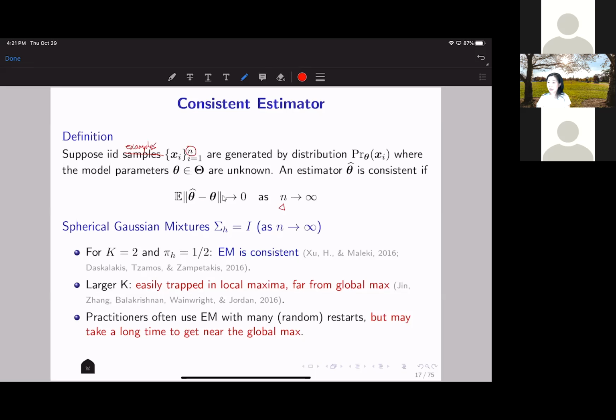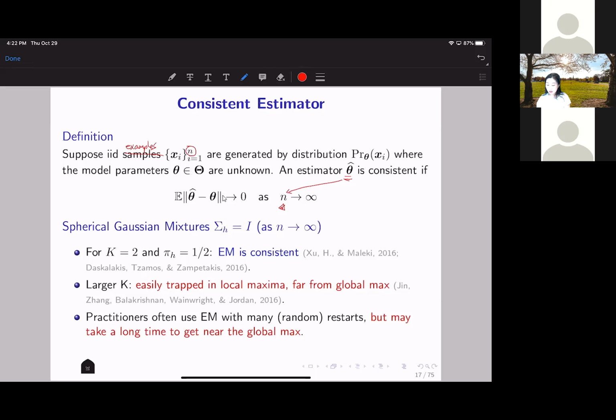I'm going to pause a second to give us some time to digest this. So this is the consistent estimator, meaning your estimator theta hat will be exactly the model parameter if you have enough observations. The theta hat depends on n, because you're given the number of examples you observe, and you have a learning algorithm that uses these examples to learn theta hat.